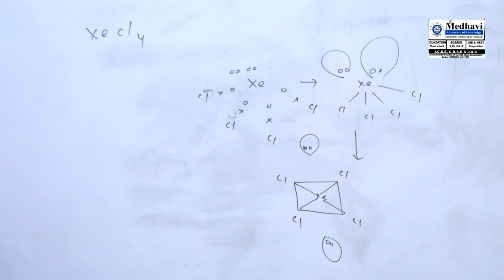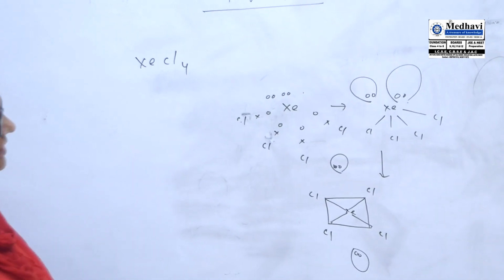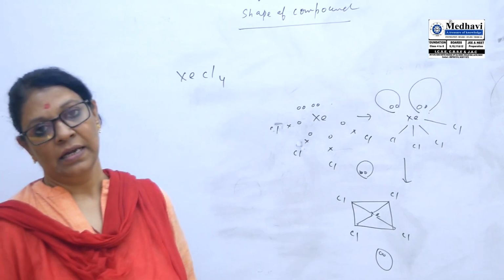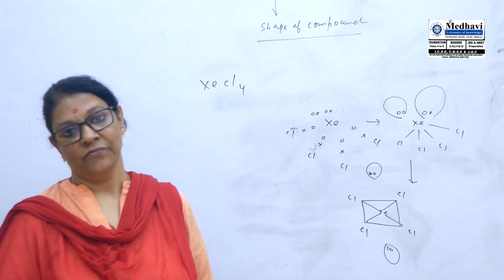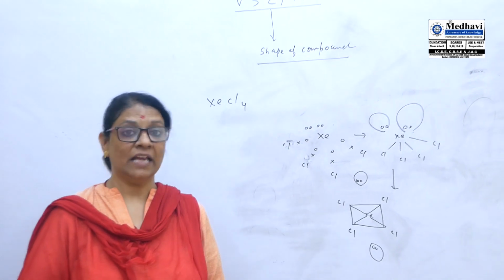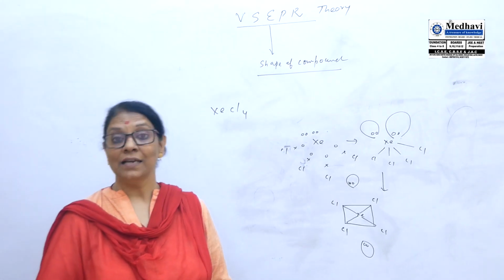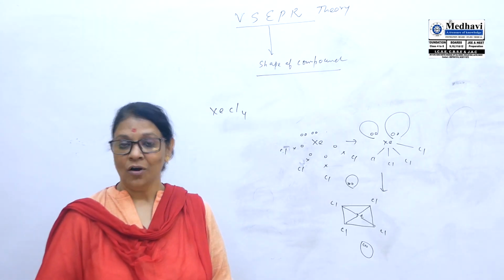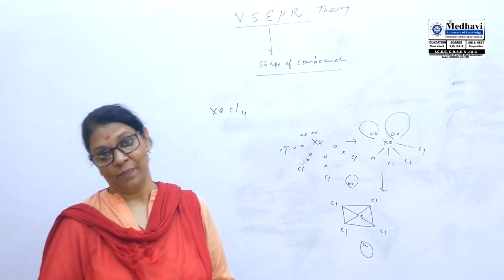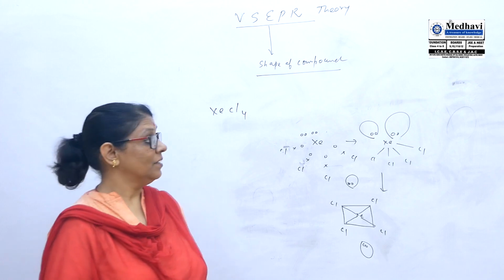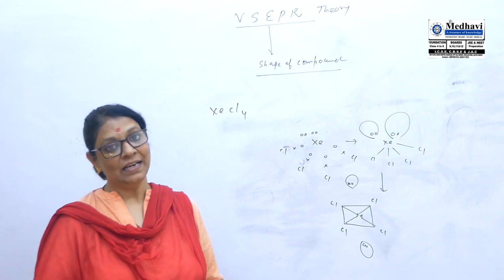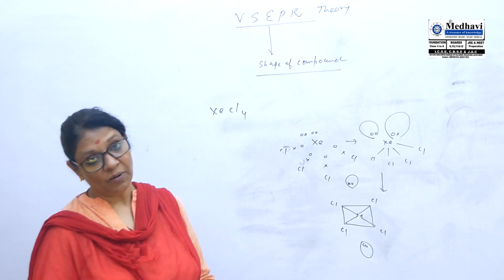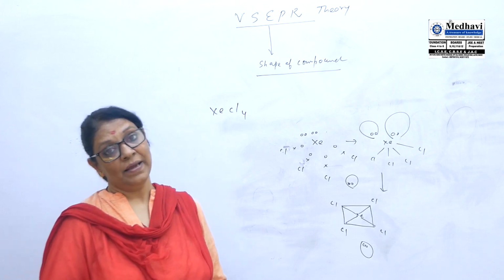So in this way we can say that the shape of any compound depends upon the valence electrons. These valence electrons can be of 2 types, either in the form of lone pairs or in the form of bond pairs. And repulsion between lone pairs is maximum, then lone pair bond pair repulsion, then bond pair repulsion.